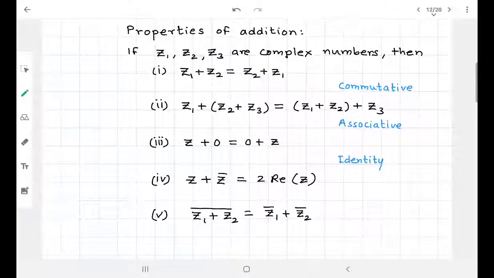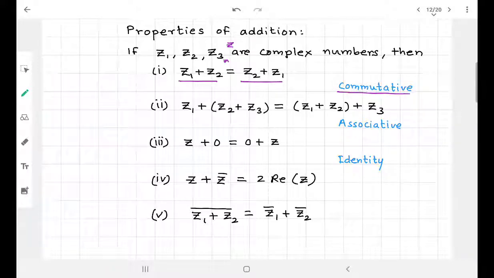Now let's talk about properties of addition. So if z1, z2, z3 and z are, let's say, complex numbers, then some properties. z1 plus z2 is equal to z2 plus z1. So addition of complex numbers follows commutative property, right? I hope you understand this, that if you add z1 to z2 or z2 to z1, the final result is going to be same.